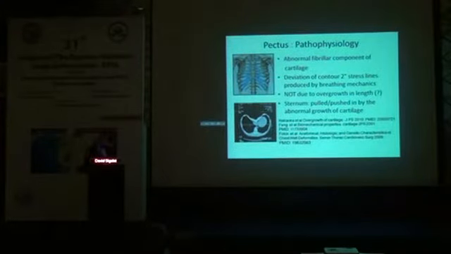First, a word maybe for the more junior colleagues about the pathophysiology. This is still quite controversial, but it's becoming clear that there are not only the form, but also the biology of the cartilage is not normal in these patients. And it is not an overgrowth.